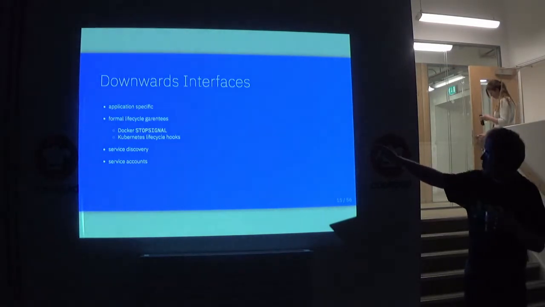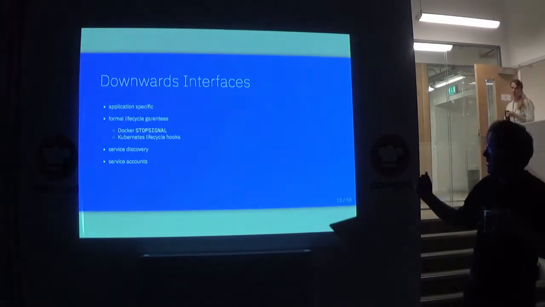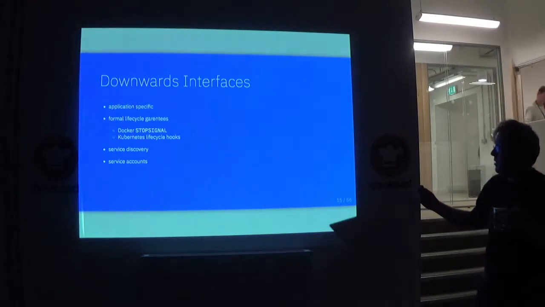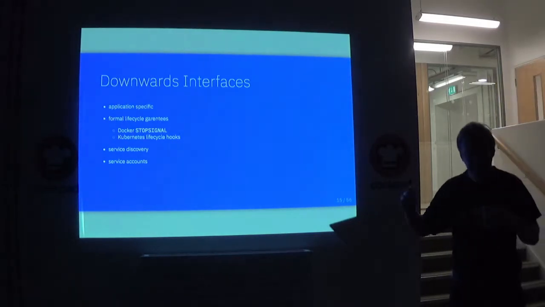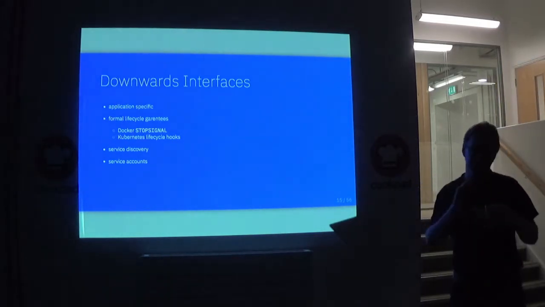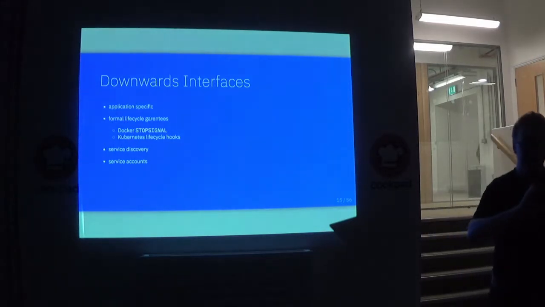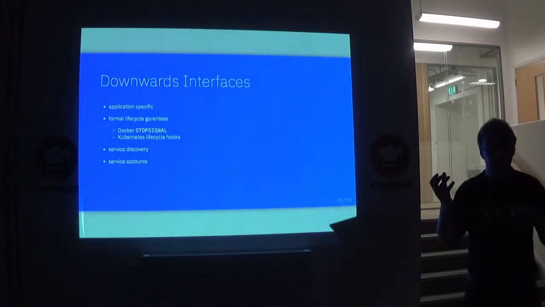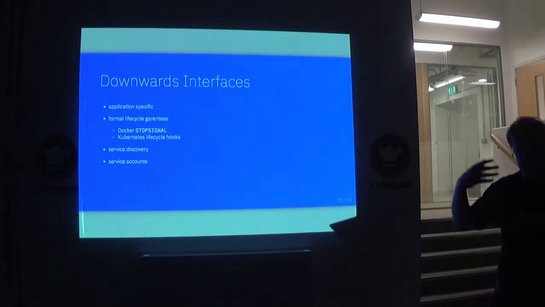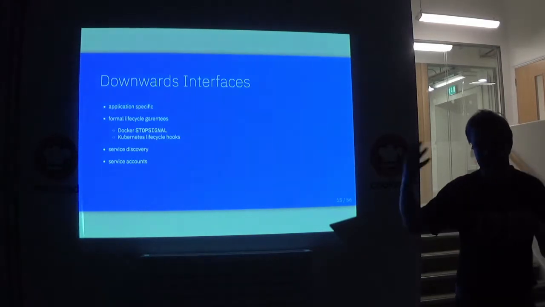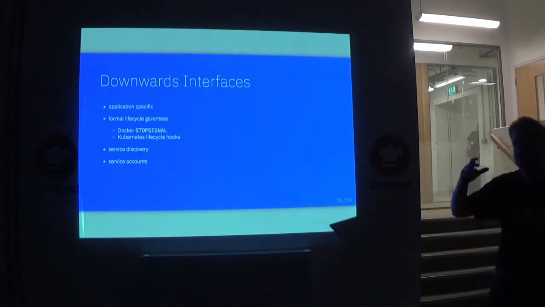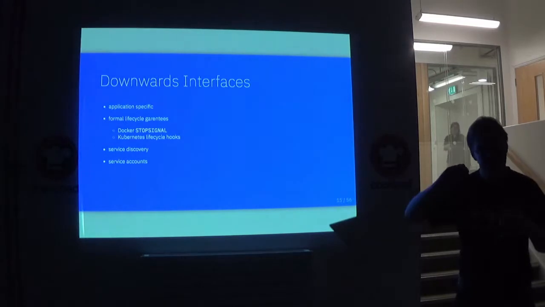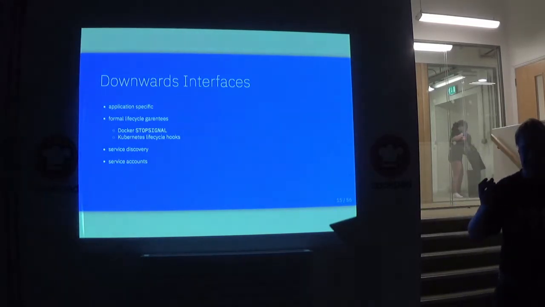You've got some formal lifecycle guarantees. You've got the contract between the platform that's running your container and it, to understand what goes on when my application starts. So I have to do something special to make sure it's going to be running properly. And what happens when I want to stop my application?